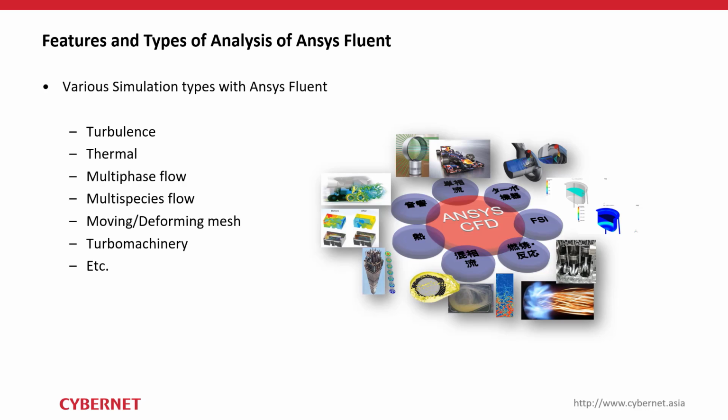Multi-species flow includes different species of fluid, different species of gases, for example. Moving deforming mesh allows you to be more economical when it comes to meshing your problems. The mesh will become more adaptive to the region which requires high accuracy.